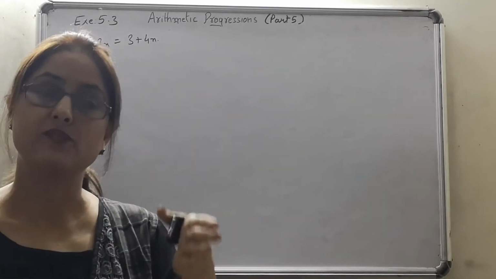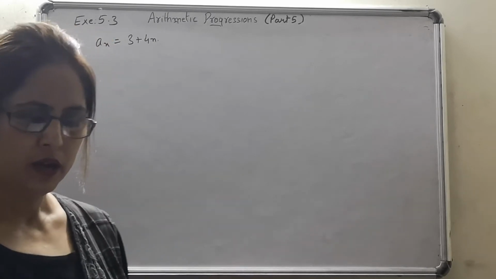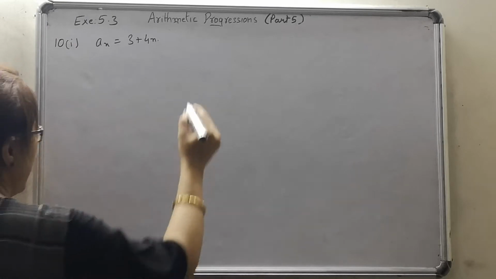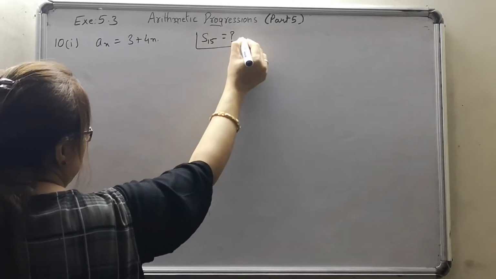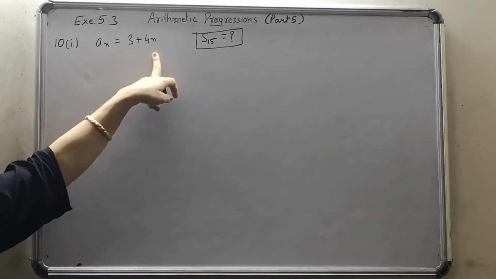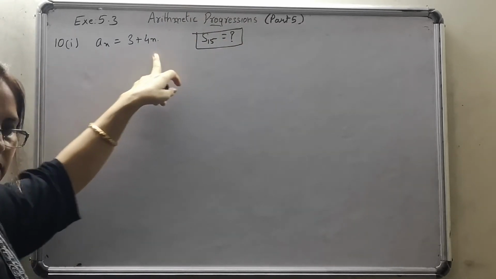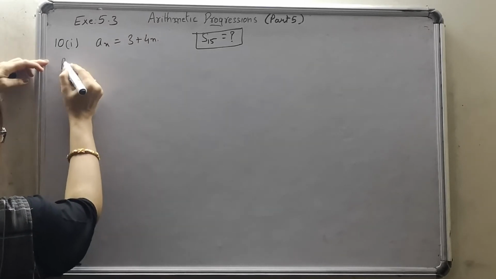The question they have asked us to solve is to find the sum of the first 15 terms of this AP. I have to find out S15. This is my target. So AN is given to us. I am going to pen down the values, starting with A1. Put N is equal to 1.